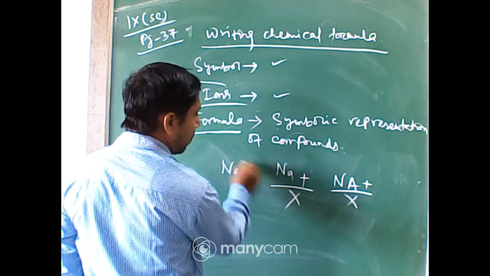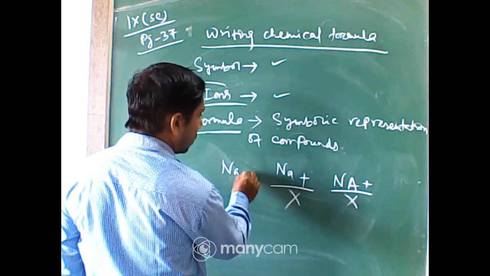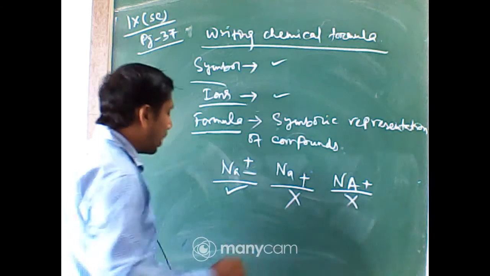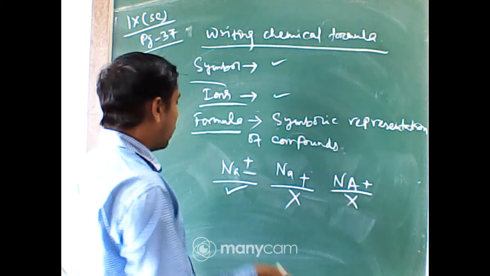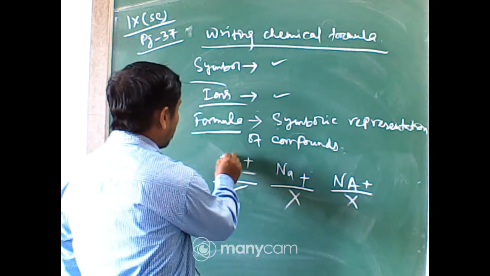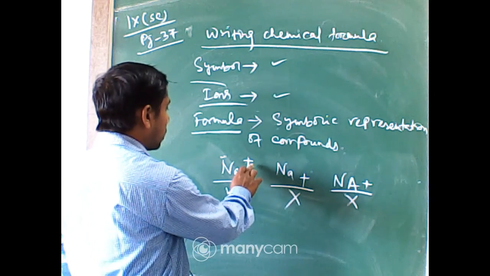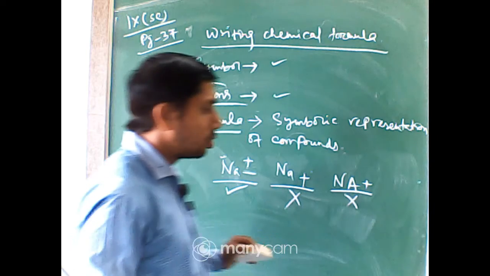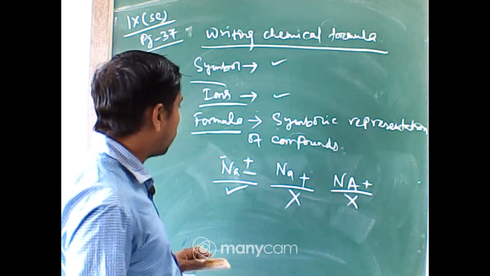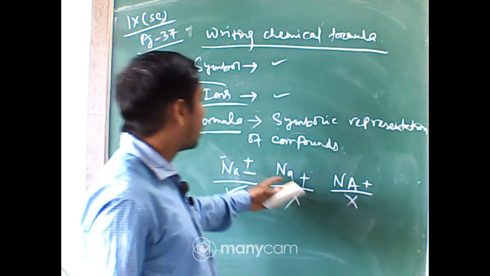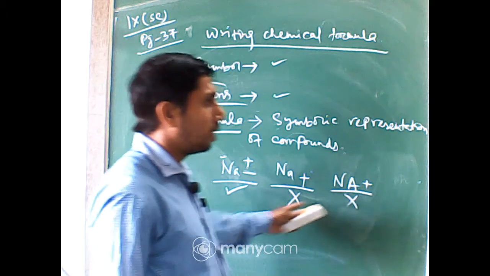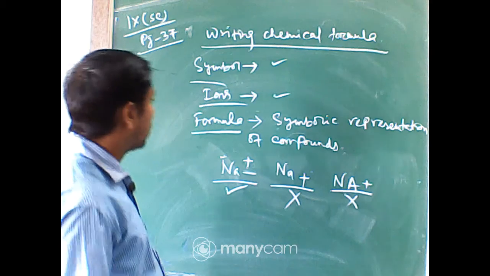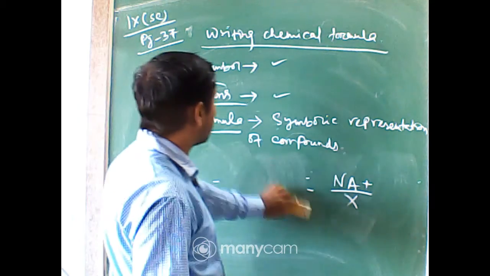Na with a small n, this is the right one. The first letter is a capital, then the small letter, and the plus, as it is a charge, should be represented as a superscript of that symbol. These are not the correct representations. Na+ should be represented in that manner. So, this is the symbolic representation of an ion.